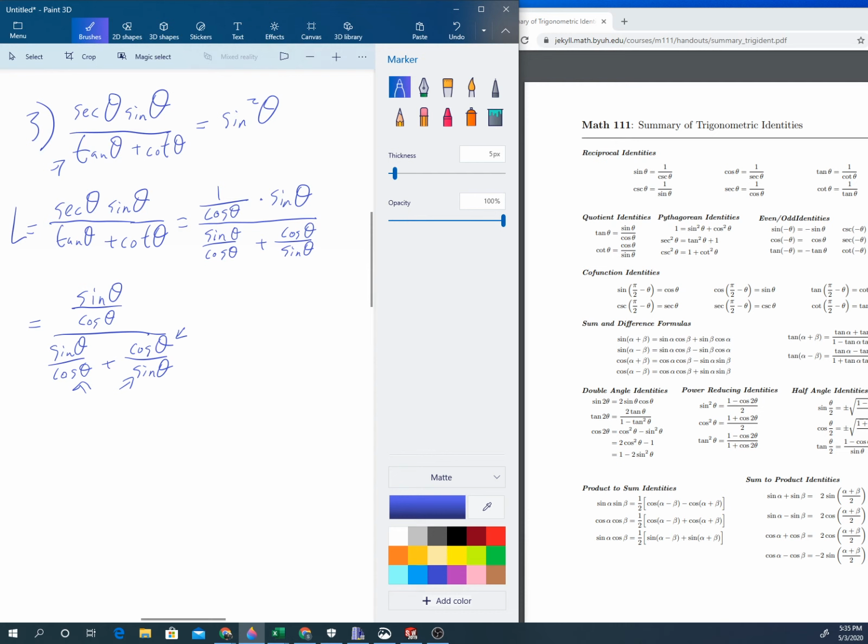So what I'm going to do is multiply this term by cosine over cosine, because then I'll have sine times cosine on the bottom. And I'm going to multiply this term by sine over sine, so that again, this sine cosine on the bottom gives me the same denominator.